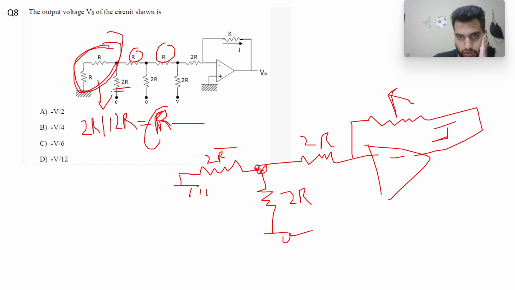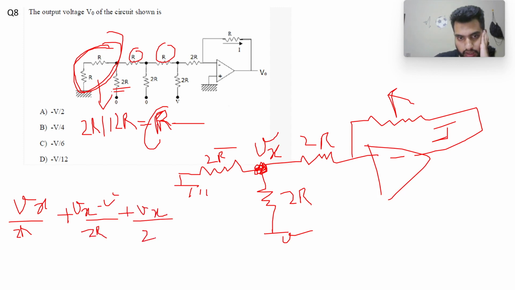Let's call this node Vx. From nodal analysis we can write Vx by 2R plus Vx minus V by 2R plus Vx by 2R equal to 0.